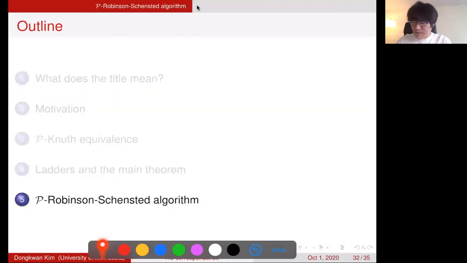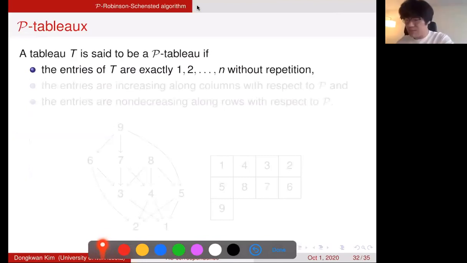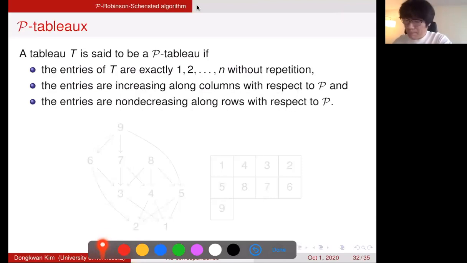And for the proof of the main theorem, we need the Robinson-Schensted algorithm, the P version. I believe that it's equivalently important for our purpose. First, we define the P tableau, which was originally defined by Gasharov. A tableau is said to be a P tableau if the entries of T are exactly 1 to n without repetition, like a standard tableau.